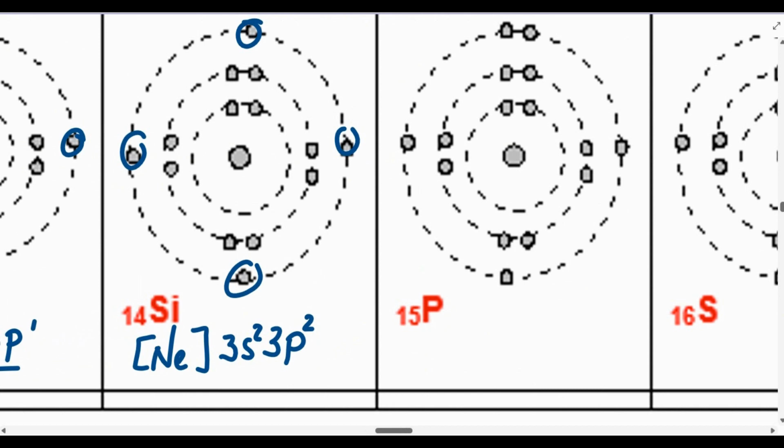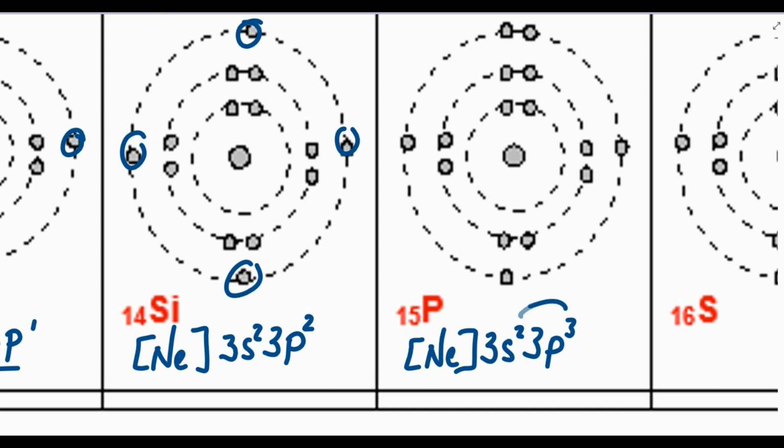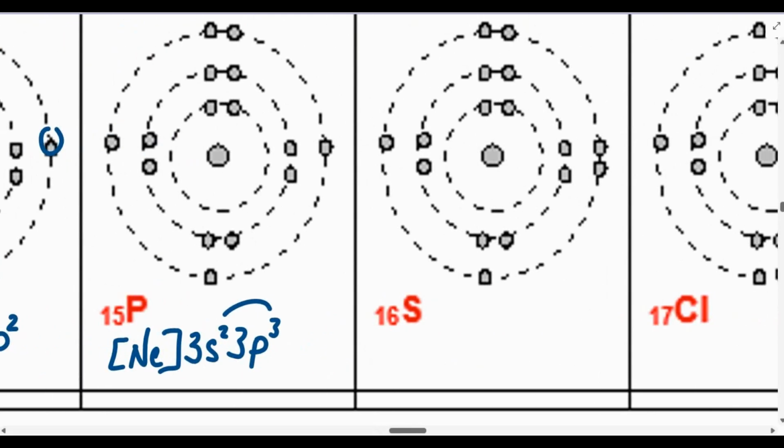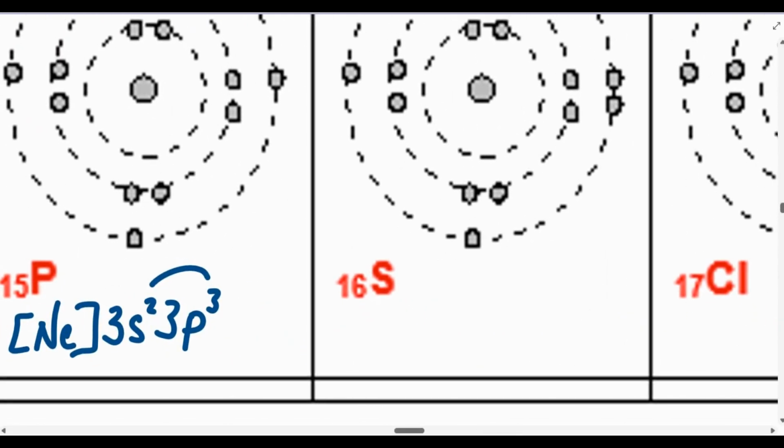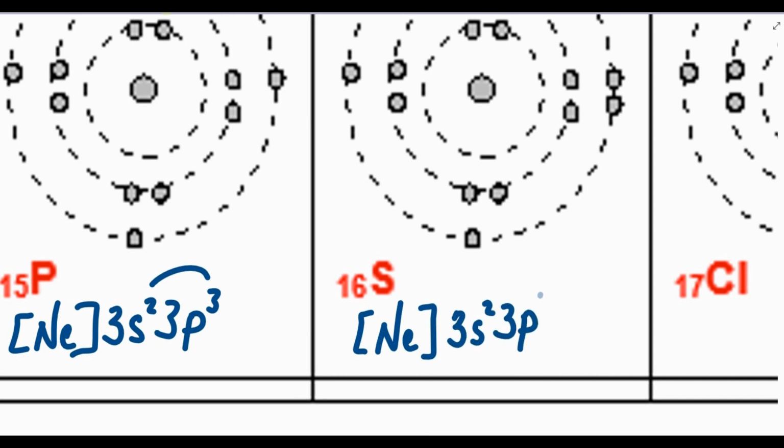In the case of phosphorus, we would write the first 10 electrons like neon, then we could say 3s2, 3p3. There are 5 electrons in the valence shell, and phosphorus is a group 5A element, so it's got to have 5. Sulfur, 6 valence electrons. 10 are like neon, and then we'd say 3s2, 3p4, like oxygen.